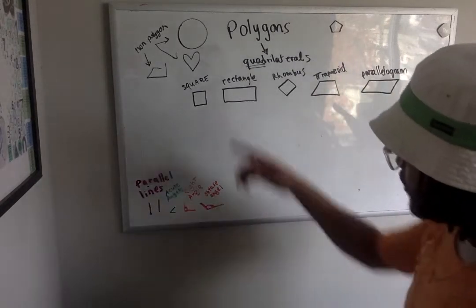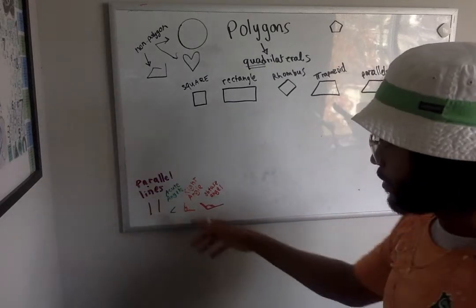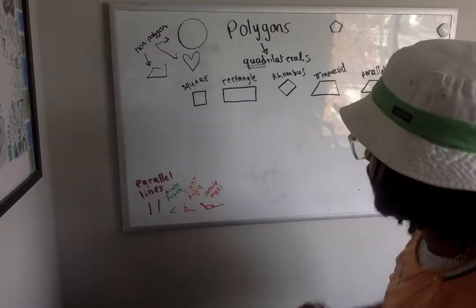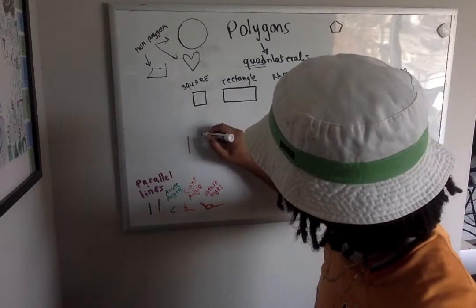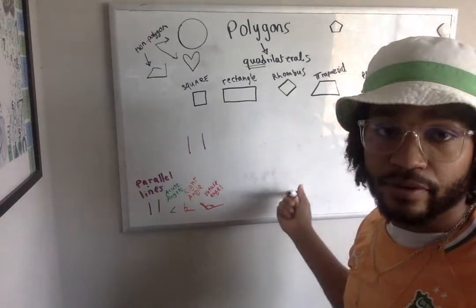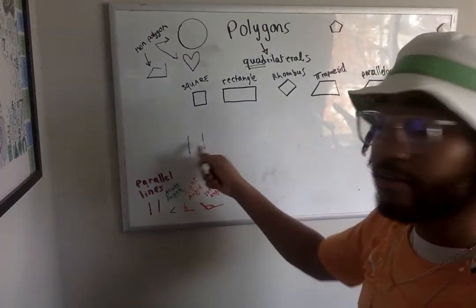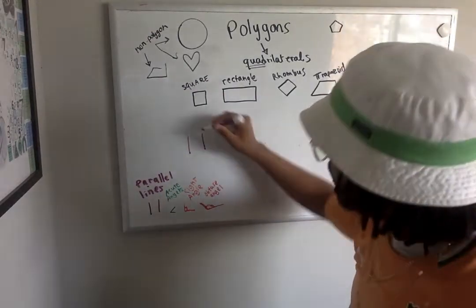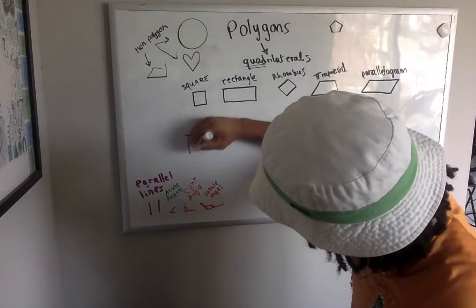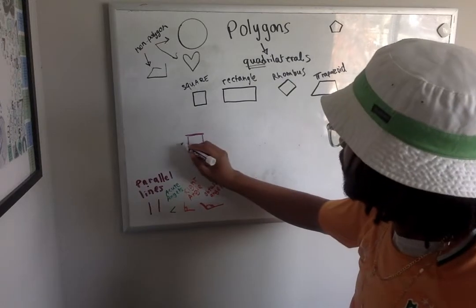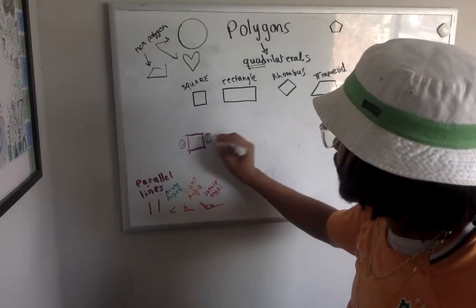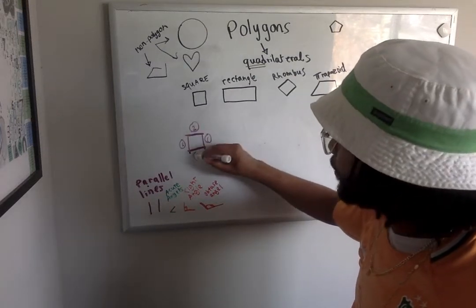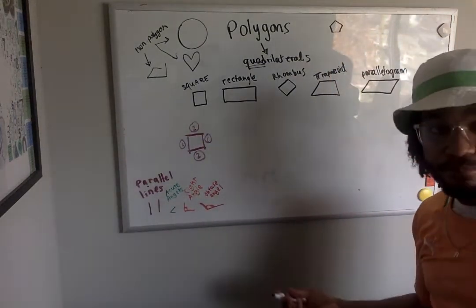Now, for a square, I'm going to use some of these to help us see some of the attributes. A square has one pair of parallel lines, right? A pair is 2, the opposites, and then it has another pair. So this would be the first pair of parallel sides. This would be the second pair. Okay.